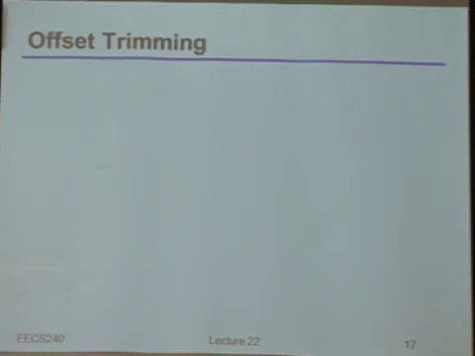So the simplest way to do it is basically to say, well, you know what? If my offset is really sort of a DC or static thing, then what I'm going to do is that at startup, I'm going to configure my amplifier into something that looks a lot like that negative feedback loop we had applied before.